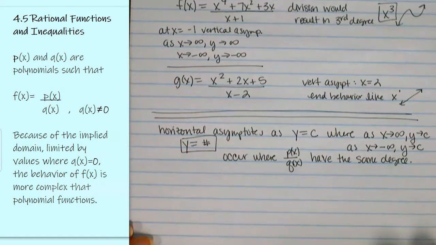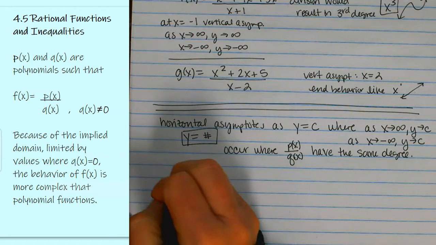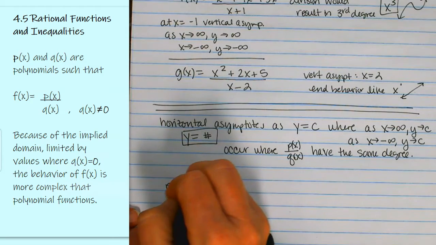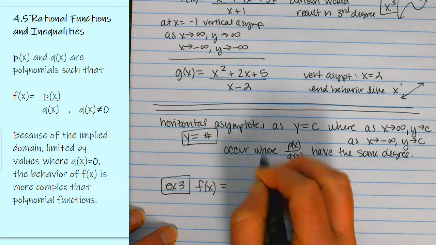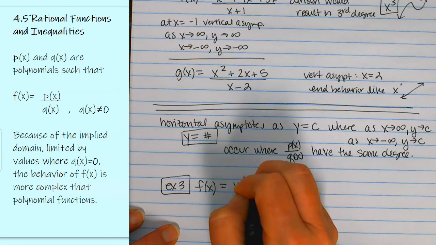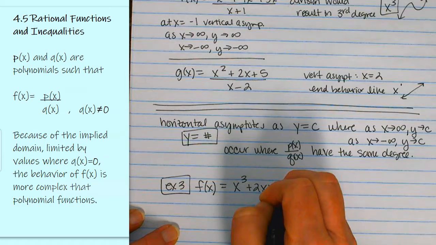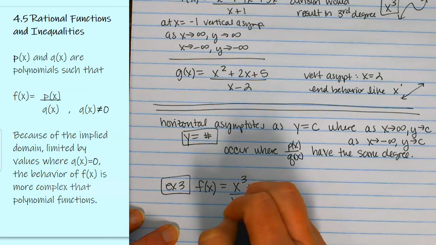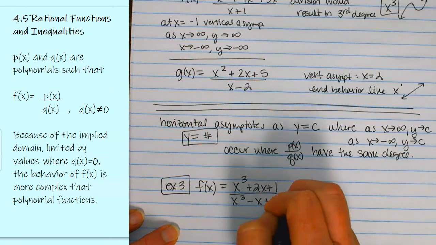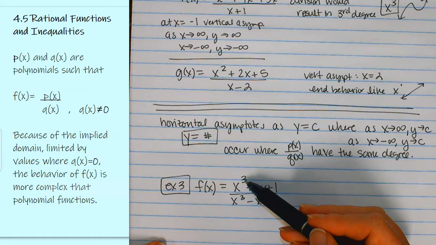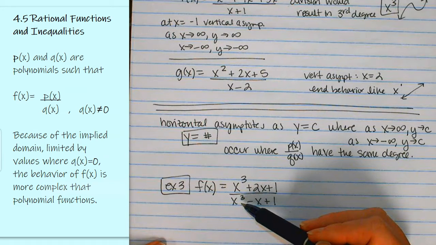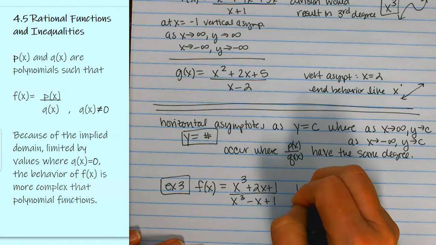In other words, this is actually number 3, if I had numbered any of them, if I said that f of x equals x to the third plus 2x plus 1 over x to the third minus x plus 1, what does that mean? It means that the degree of the top polynomial function and the degree of the bottom polynomial function are the same. That means they're growing at the same rate.